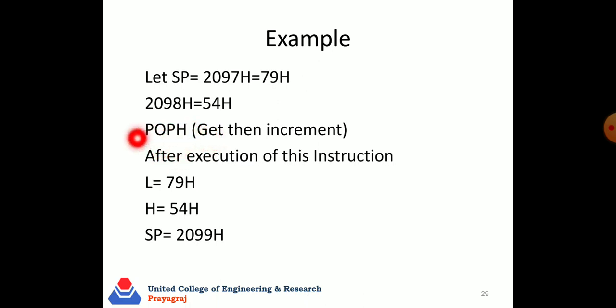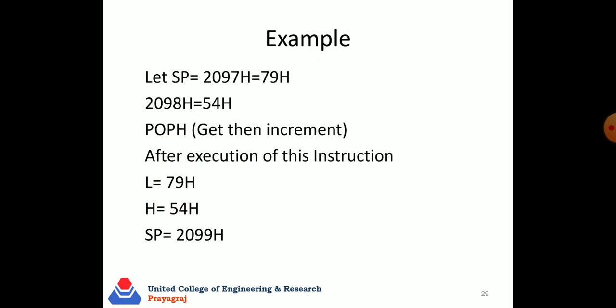After execution of this instruction, the low order register of the pair, that means L, is copied from the stack pointer location, then the pointer is incremented by 1, so 97 becomes 98, and the high order register of the pair is copied from the stack memory, that means 54.